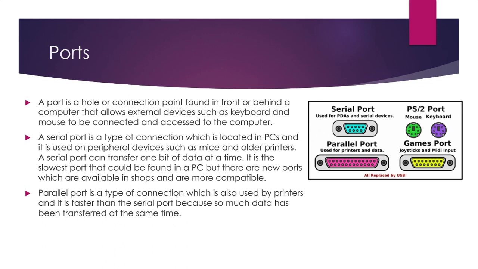A serial port is a type of connection that is located in PCs and is used for peripheral devices such as mice and older printers. A serial port can transfer one bit of data at a time, and it's the slowest port that can be found in the PC. But there are new ports which are available in shops and are more compatible. So you do need to check for compatibility, just to be sure.